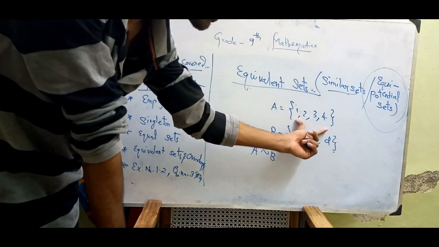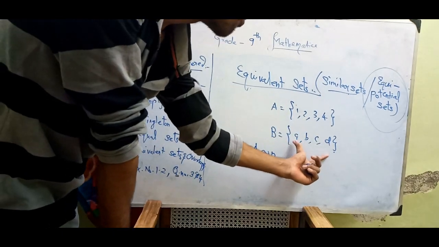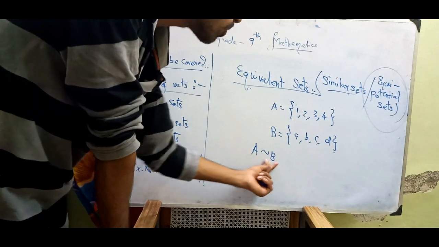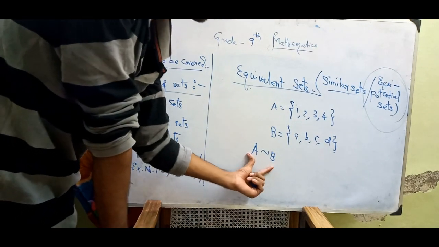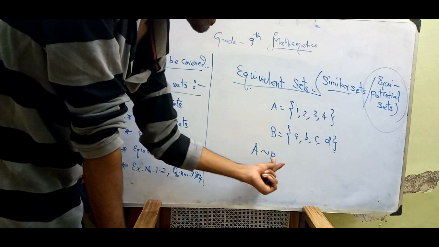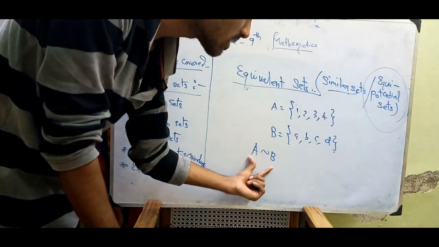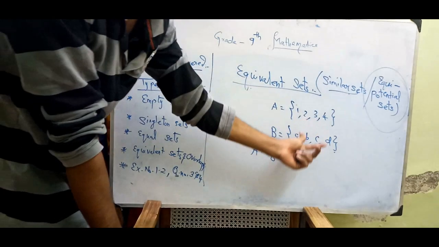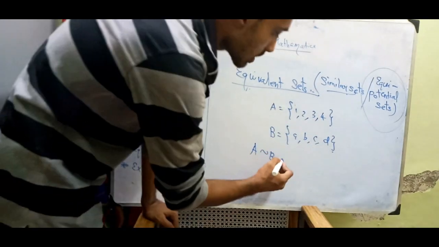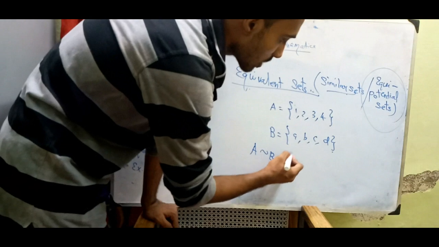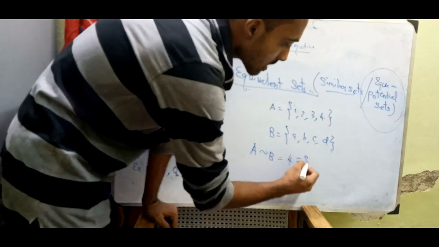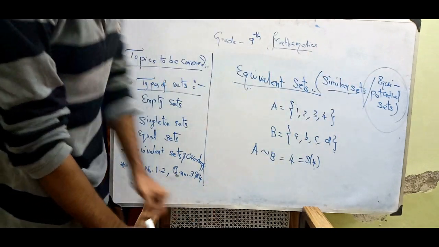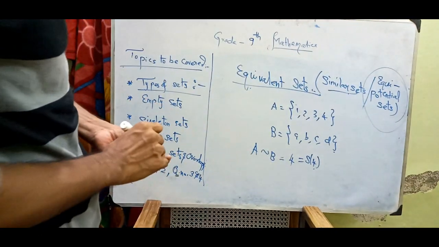Because A has 1, 2, 3, 4, B also has 4 elements. A contains 4 elements, B contains 4 elements, so both sets contain the same number of elements. Same elements in the sense number of elements is 4, here also 4, so that is why cardinality, or you can say natural symbol is 4, S of 4 here. It has same potential or equal potential in the sense.